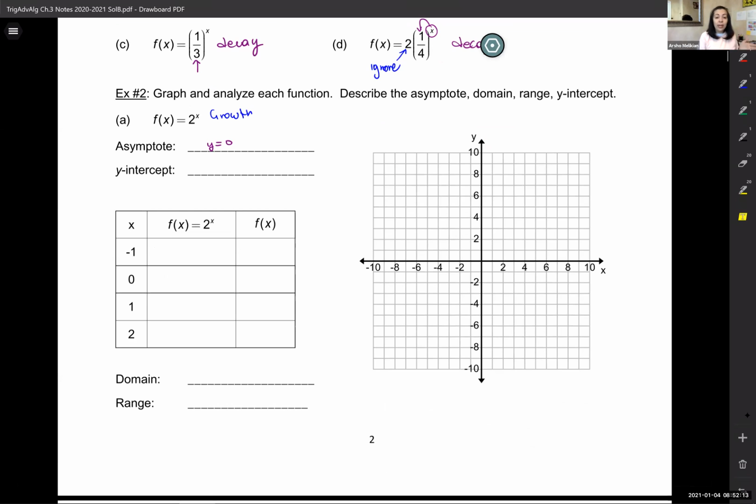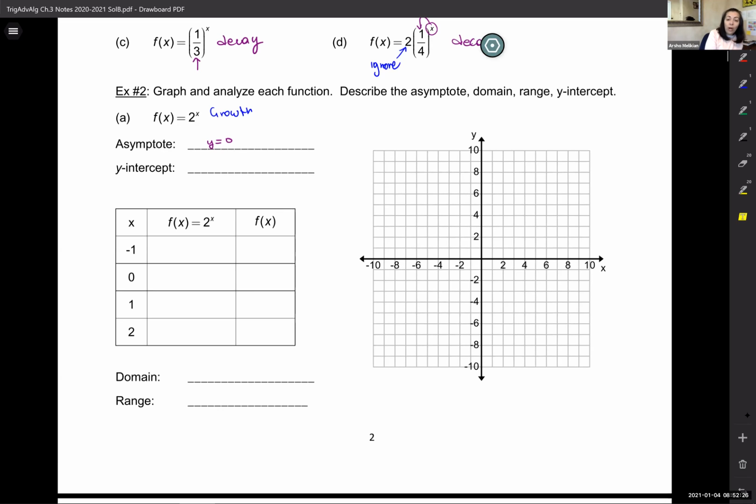Okay, remember what an asymptote is. It's a line that the graph comes very close to but never touches. Since it's a line, it's got to have an equation. So the asymptote, again, it's y equals 0, not just 0. Just like we did for tangents, right? It was x equals blah, blah, blah.